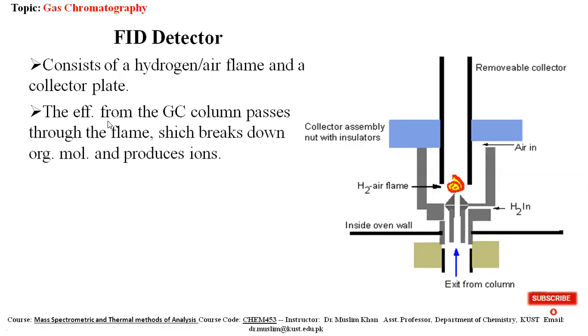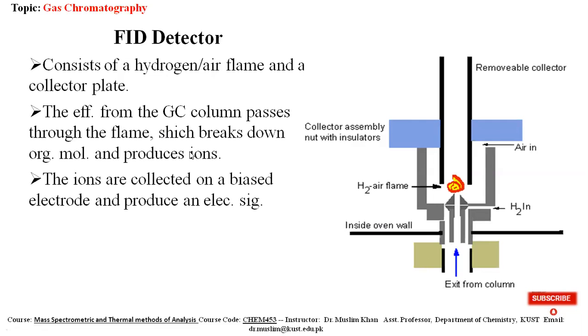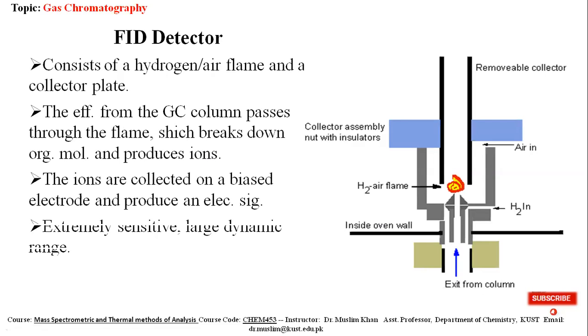The effluent from the GC column passes through this flame, which breaks down organic molecules and produces ions. The ions are collected on these biased electrodes and produce electrical signals. This electrical signal is measured. It is extremely sensitive and has a large dynamic range.